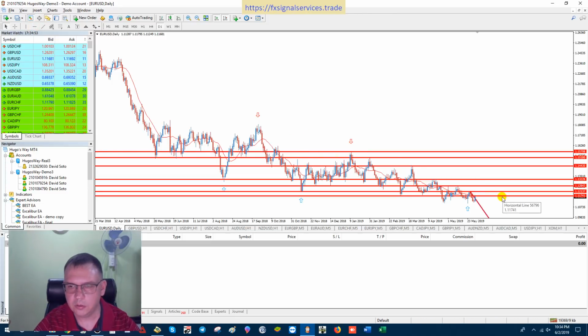So eventually, this is going to go back up and touch this level of resistance up here, and it's going to form a red arrow on the daily chart. That could take weeks, if not a couple of months before this level of resistance is reached again. But it's definitely going up.